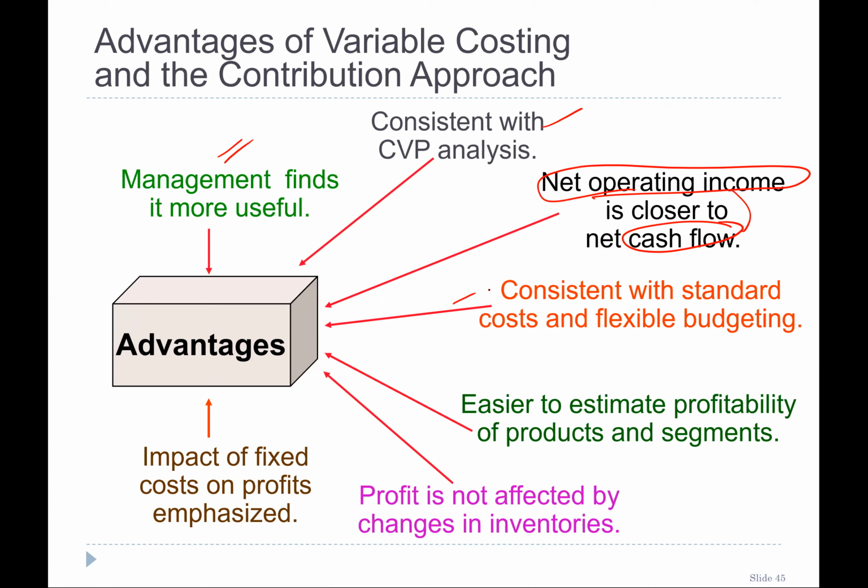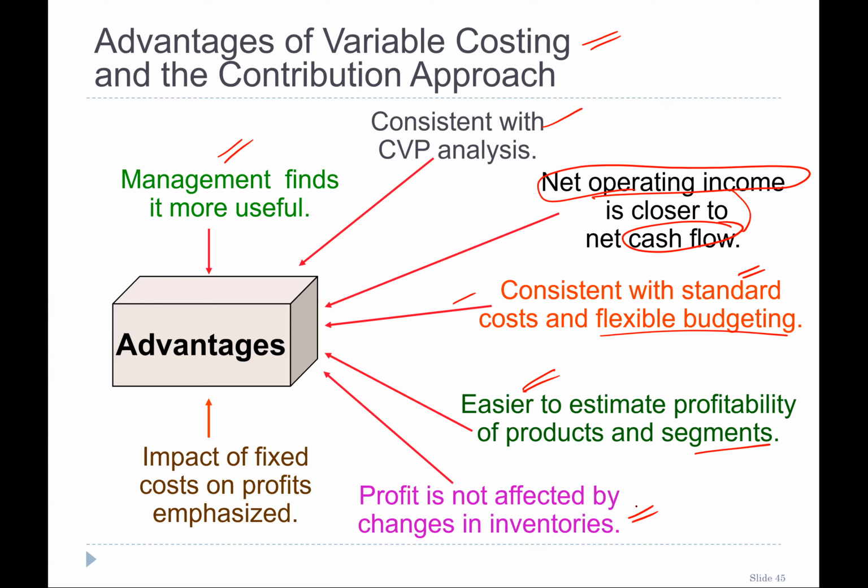Plus, this is also consistent with standard cost and flexible budgets. If we are making budgets, then variable costing is very suitable. We will talk about budgeting later. It is easier to estimate profitability of products and segments, yes. Profit is not affected by changes in inventory. That's very nice, right?